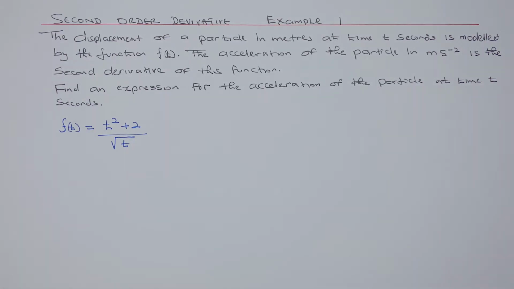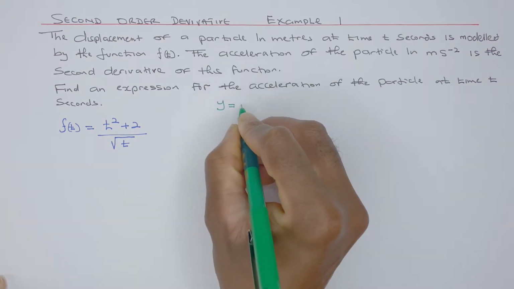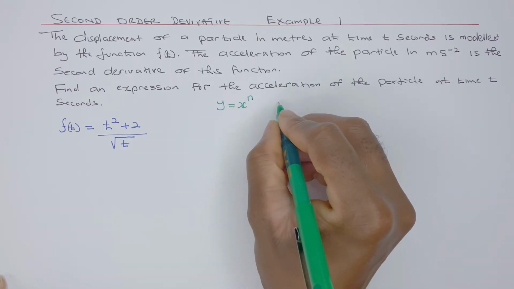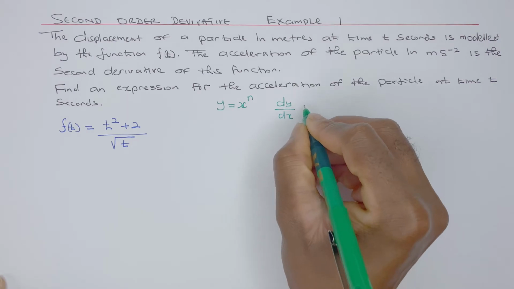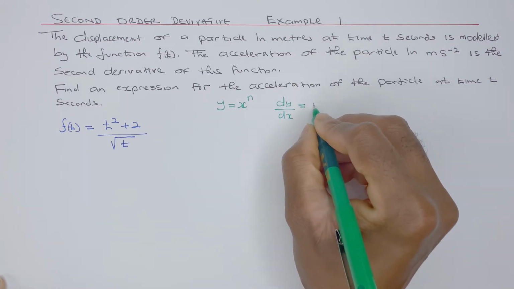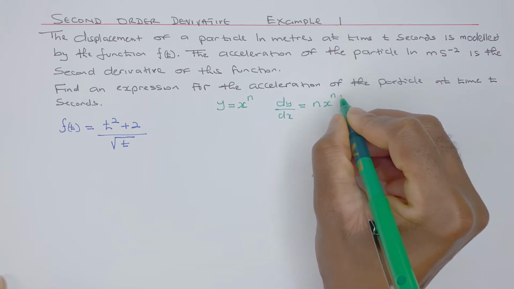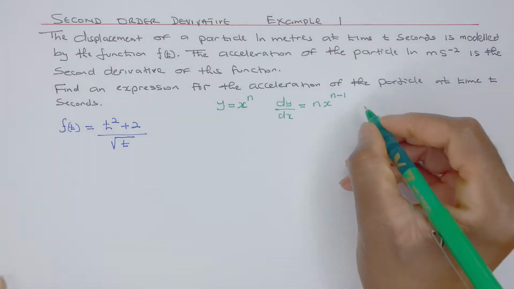Whenever we are differentiating, we have to have the function y in the form of x to the power n, then apply the derivative dy/dx equals n x to the power n minus 1: bring the n down and take away 1 from the exponent.